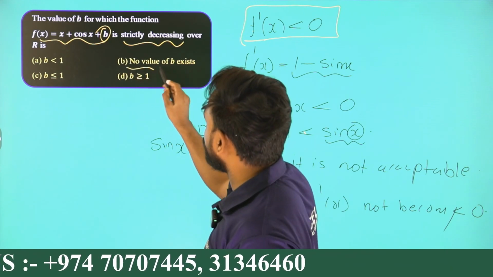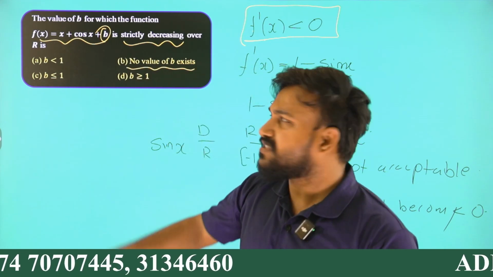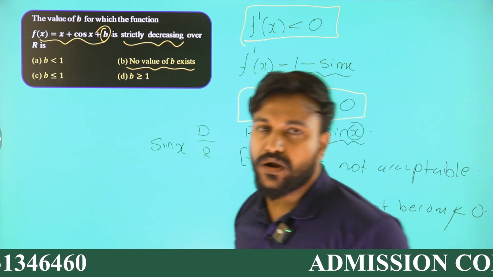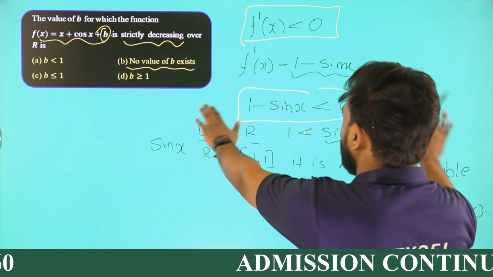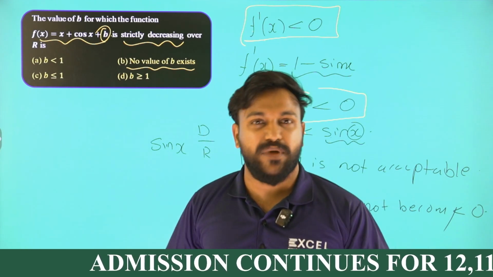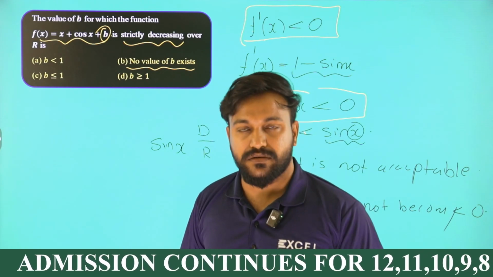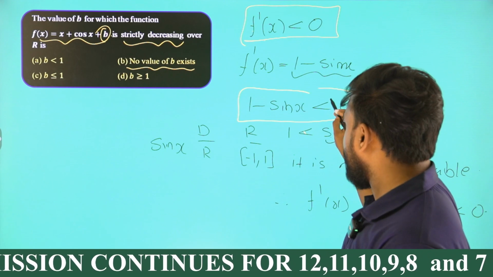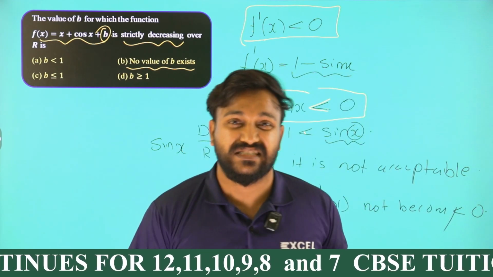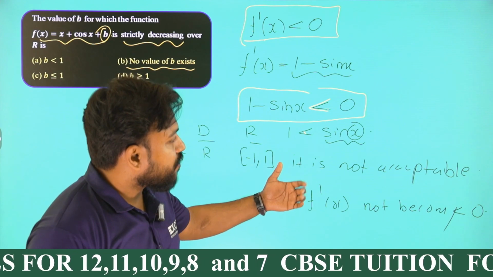So no values of b exist. Whatever value you are putting here, that won't correct this inequality, because b doesn't have any involvement here. When you differentiated, the b is gone. If you change b with any real number, when you're differentiating, it will be gone, and this inequality will not happen, because sin x is not bigger than 1.